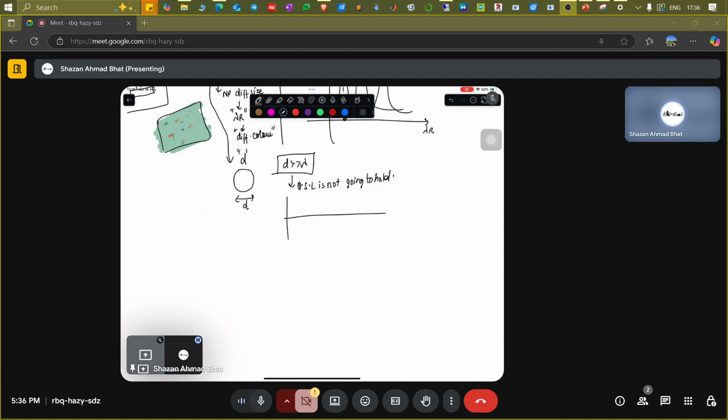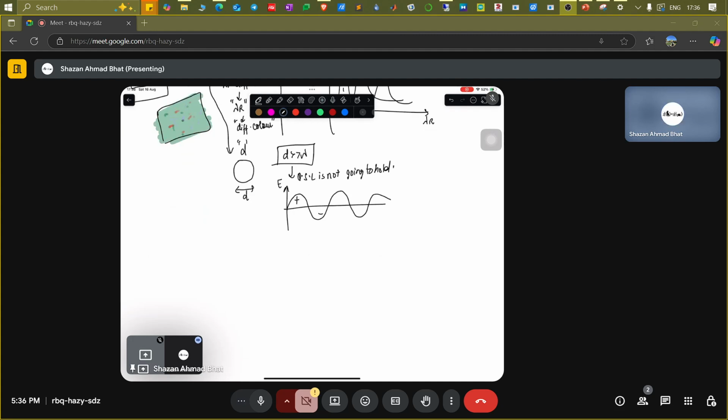If you have the electric field coming, this is the positive of the electric field, this is negative, and the nanoparticle is of this size, so d is comparable to the wavelength of the light. Now it is going to face an electric field which is non-uniform, which is varying, just like this. It will be positive, it will be negative. It's not going to be uniformly distributed over this entire sphere now. So the quasi-static limit breaks down.